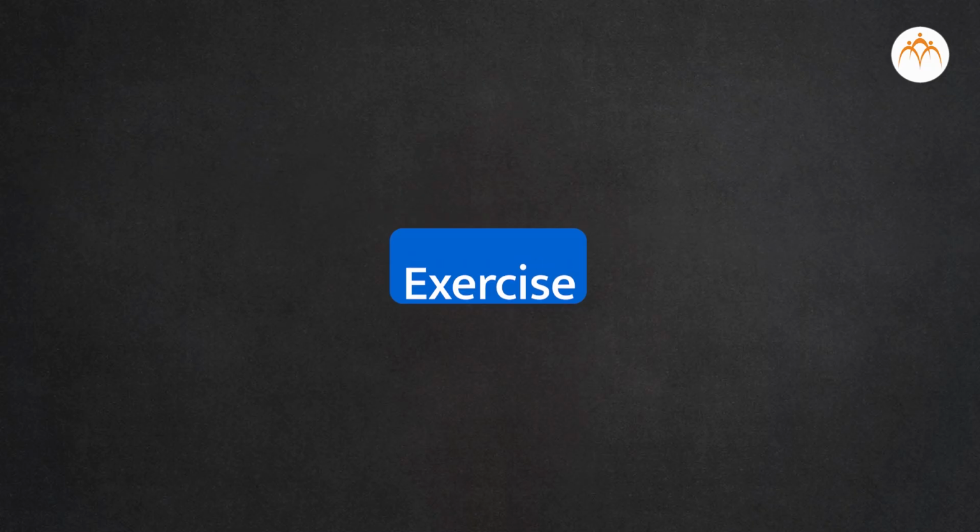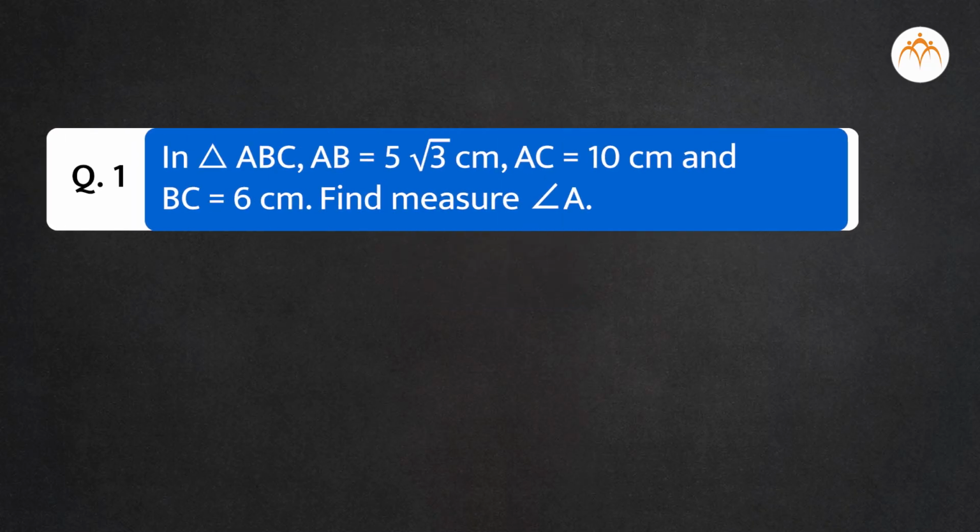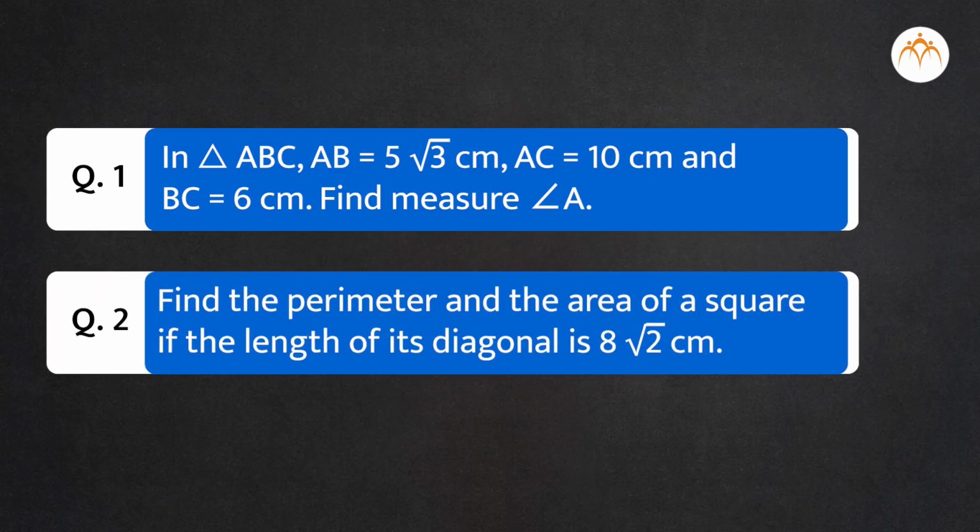Exercise. Solve the following. 1. In triangle ABC, AB is equal to 5 root 3 centimeters, AC is equal to 10 centimeter and BC is equal to 6 centimeter. Find measure angle A. Find the perimeter and the area of a square if the length of its diagonal is 8 root 2 centimeter.